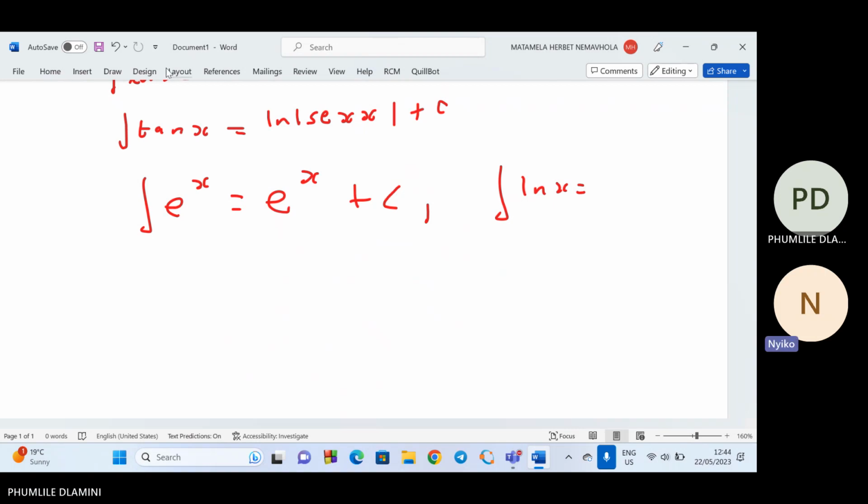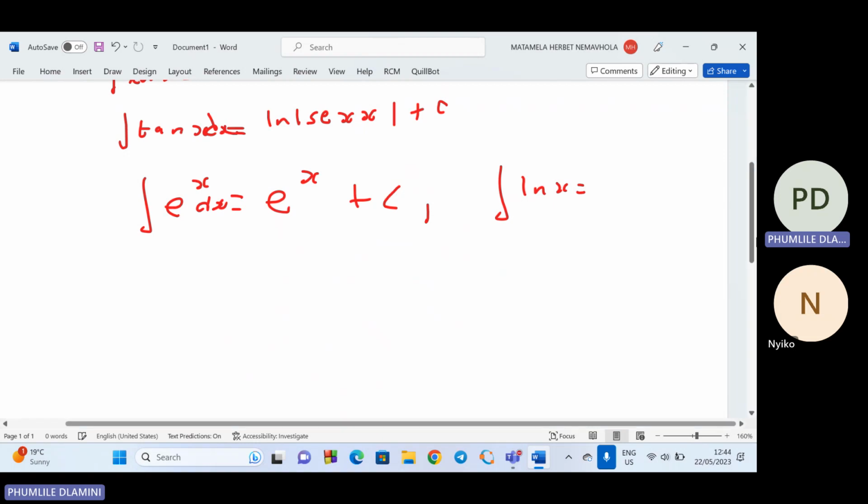Is it not 1 over x? No, that one is the integration of something else. So the integral of sin x, I'm forgetting to write the dx. I must write it. It's very important to write the dx everywhere.